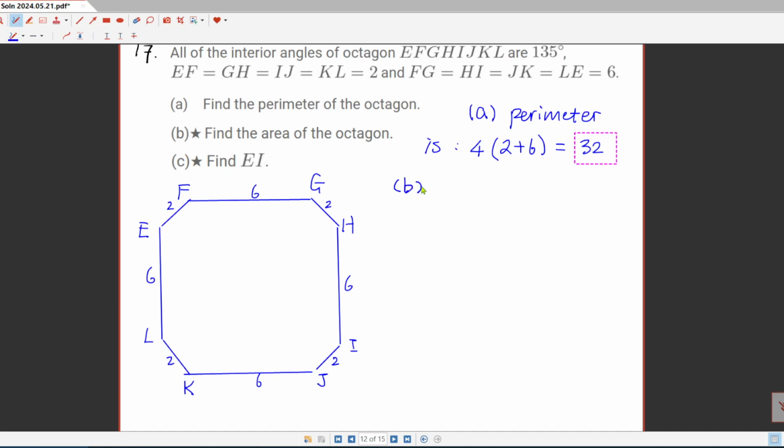For question B, find the area of the octagon. So we could break it into some trapezoids and a rectangle, right? For example, we could connect E and H and L and I, and that will break it into two trapezoids and one rectangle.